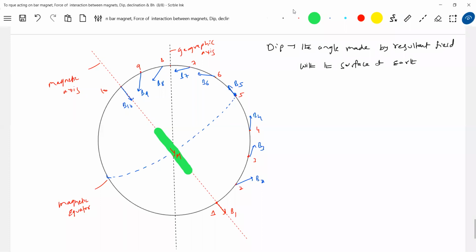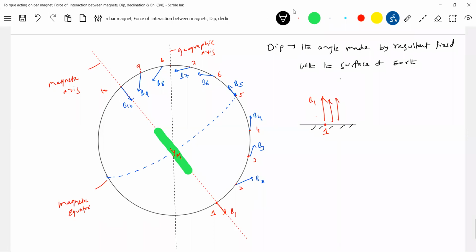Now, if you suspend a bar magnet here, tell me how it will get oriented. So I'll show point one, surface of the earth, and there's a point one. B1 bar at point one will be like this. The field at point one will be like this. Suspend a bar magnet, how will the bar magnet align? If you suspend a bar magnet freely, sir, how do you suspend a bar magnet freely?